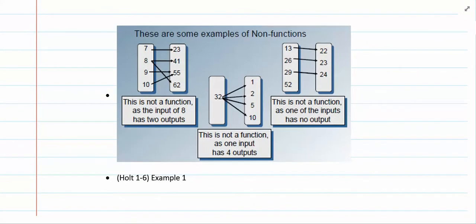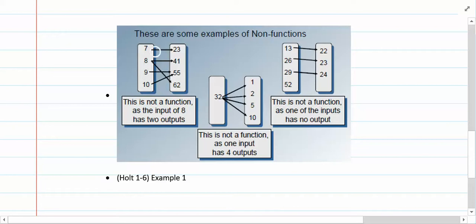Here are some examples of non-functions. This set of domain values on the left for this example violates our definition of a function because the number 8 gets mapped to 2 different outputs. Remember, each input has to have exactly one output.